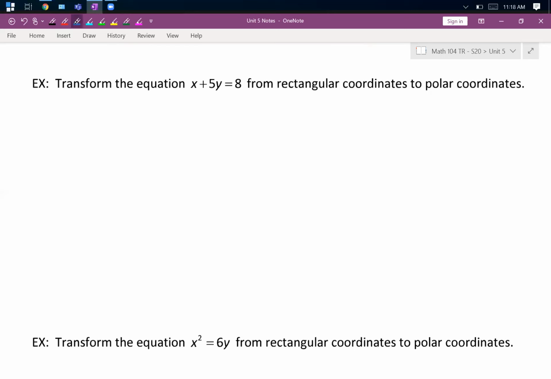So I'm going to get rid of the x by replacing x with r cosine theta. And then I'm going to get rid of the y by replacing y with r sine of theta.